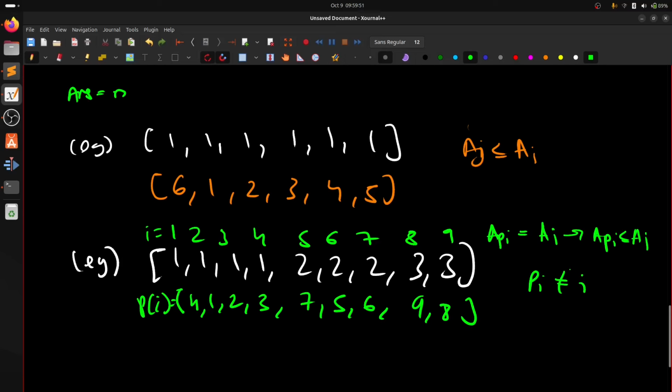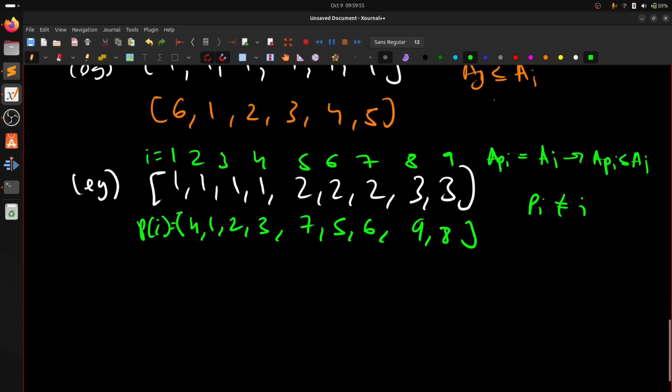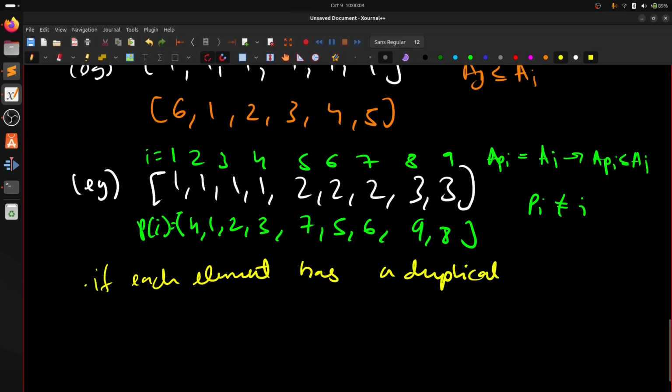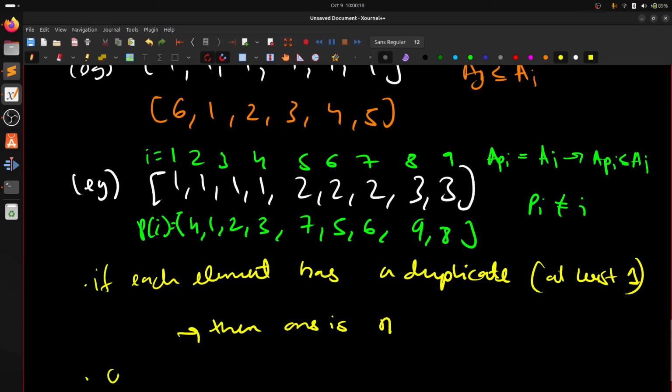So if each element has at least one duplicate, it can be more than one also, then the answer is n. Otherwise, the answer is n minus 1.